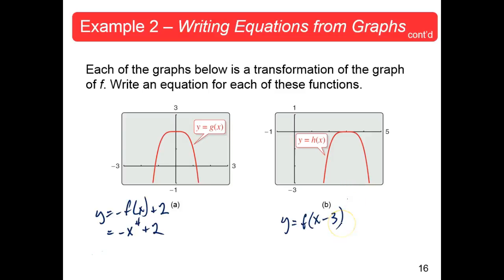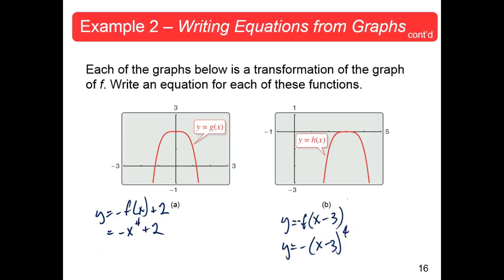Well, your f was to the 4th, so that's taking care of that. One thing you're missing, a negative in front. You reflected and then shifted. I like to think of them that way. So this would be y is equal to minus x minus 3 to the 4th.